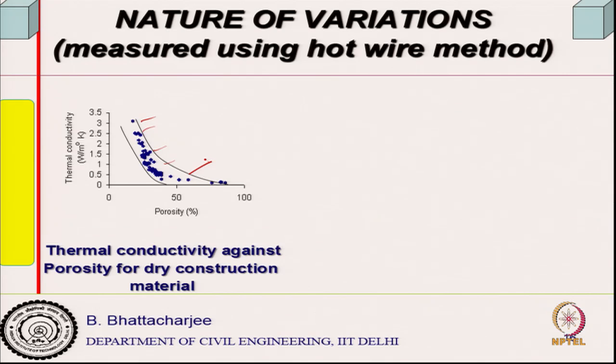This foam creates closed pores, as do fly ash bricks or similar. As porosity increases, thermal conductivity reduces. Porosity can be as high as 80% or so in foam concrete, and in somewhat denser normal concrete it could be somewhere around this. So conductivity varies in this sort of range.